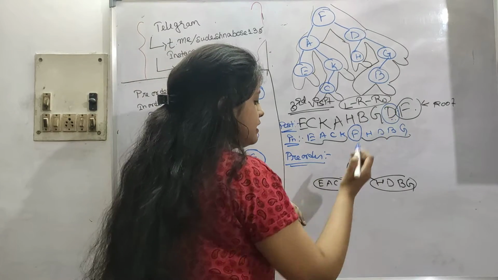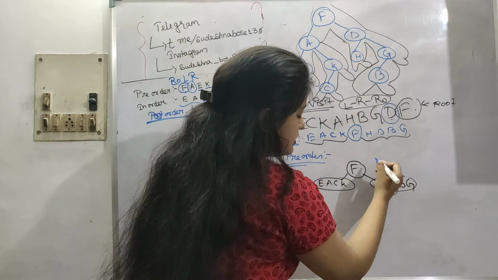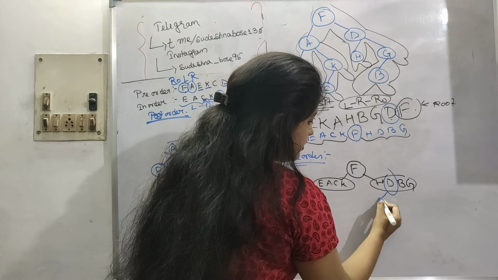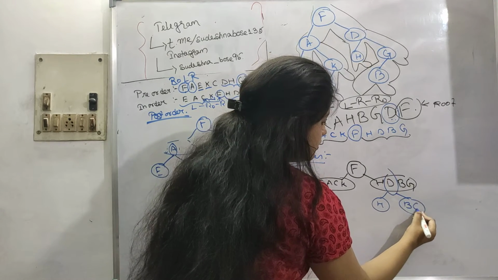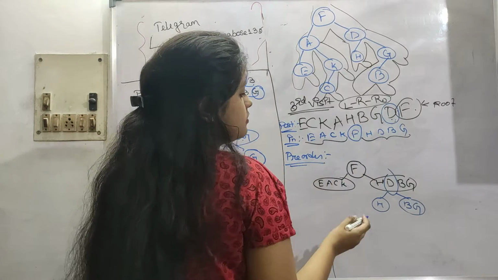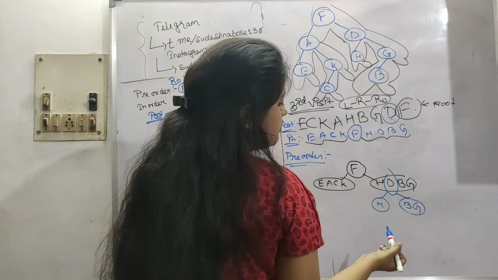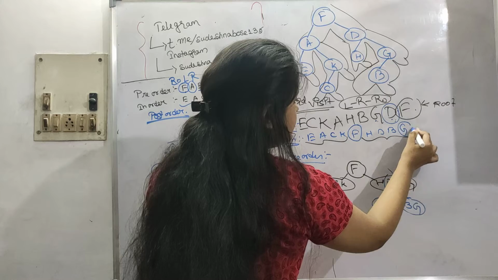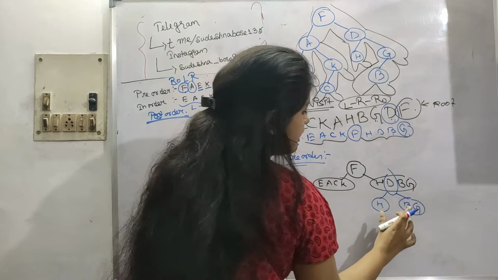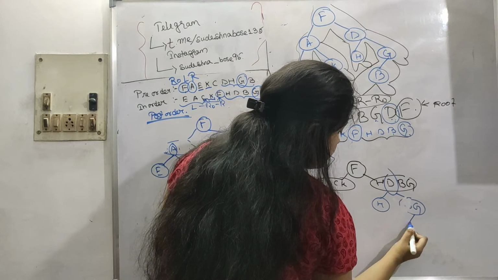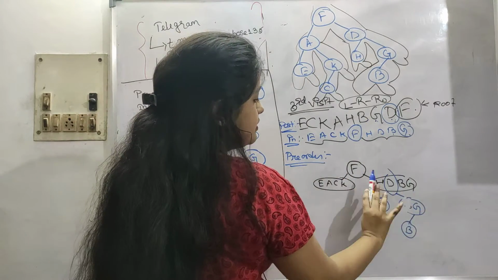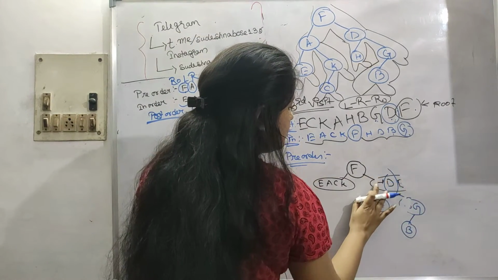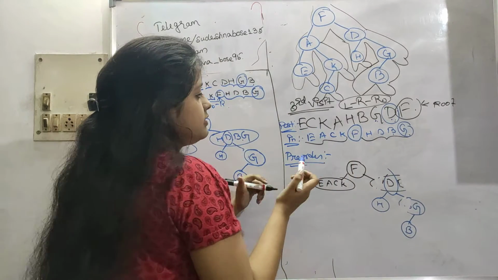So now D is our next root. D is our root, and H, B, G. Okay, so now G is our next root. G is here, B is positioned on the left, so B is here. See, then this tree is made on the right-hand side.